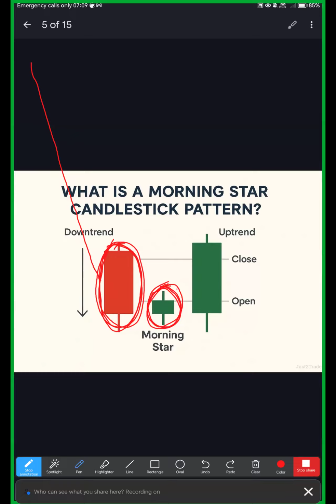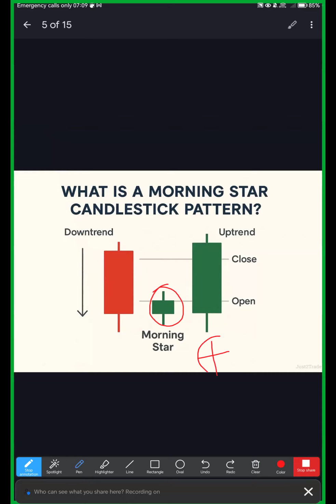You can find it sometimes in red, and sometimes in the form of a doji, and this doji lies between these full-bodied candles.